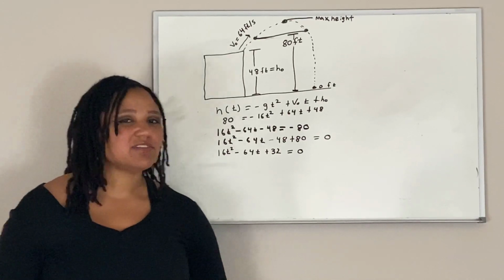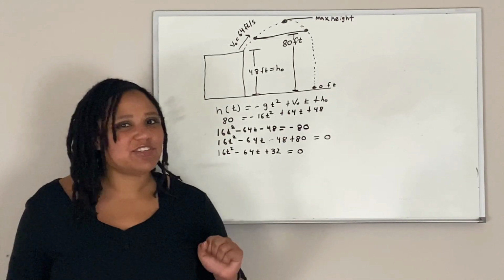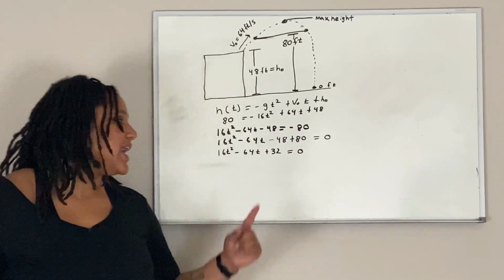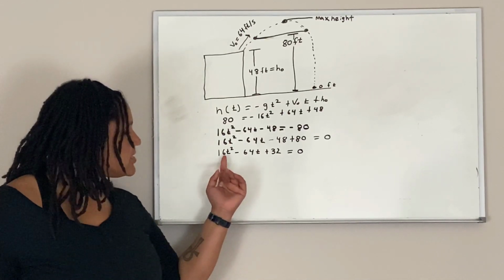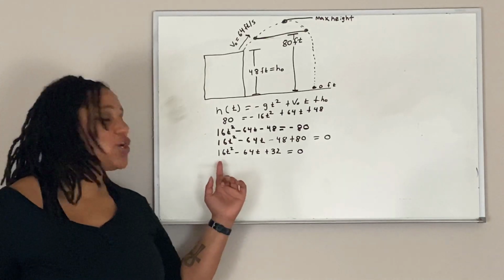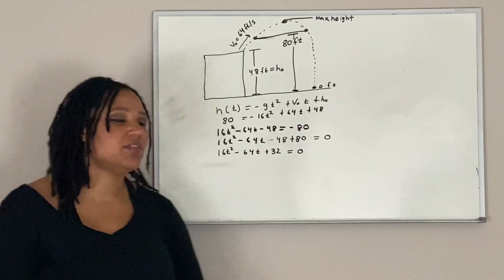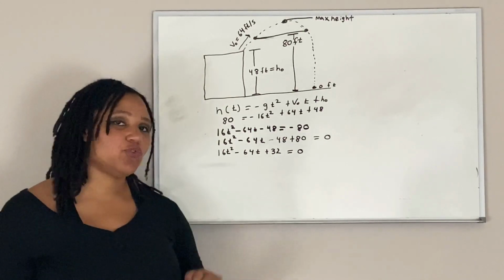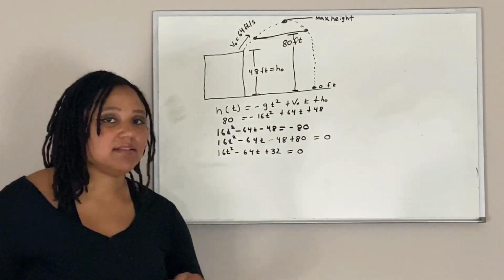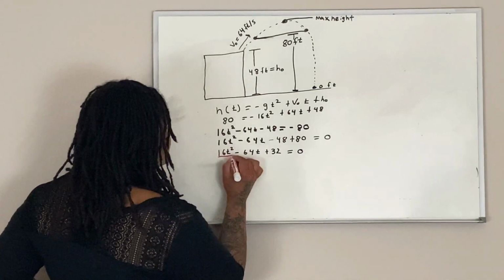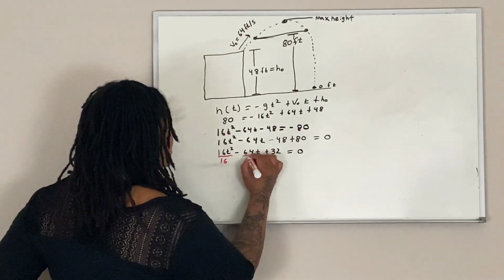But before I do that, I might make my life just a little bit easier and cause this leading term to just have a coefficient of 1. And in order to do that, I need to divide through by a 16. Okay, so I'm going to just divide everything by 16.